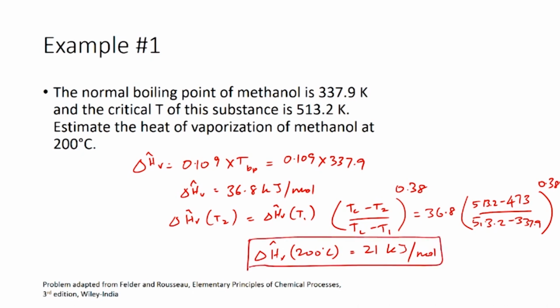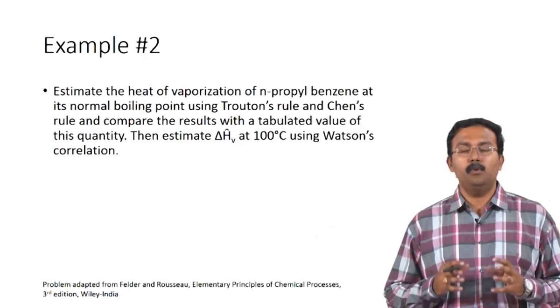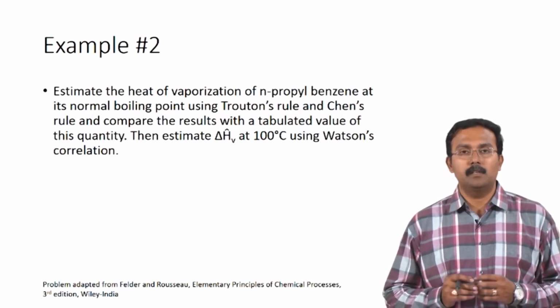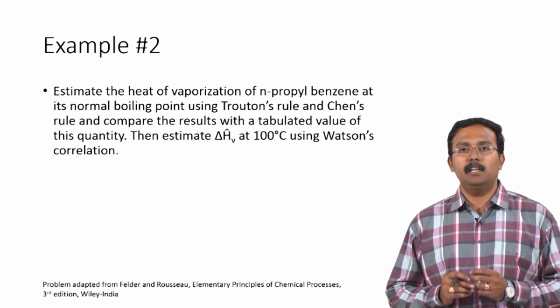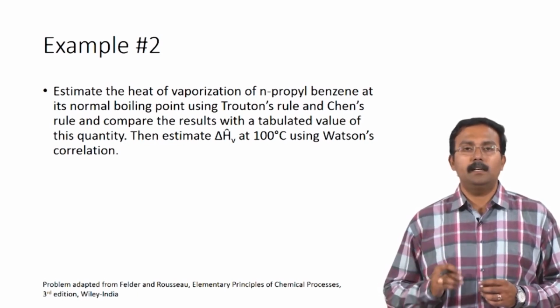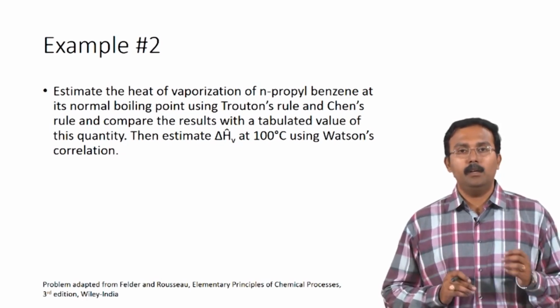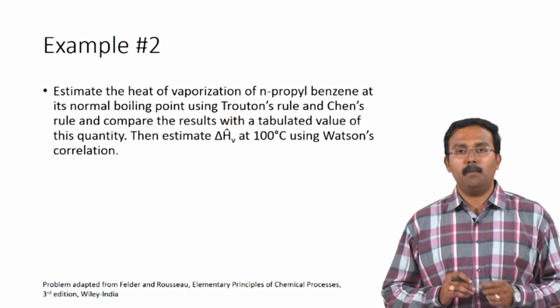Performing the calculations themselves is not too difficult here. What is crucial is to identify which equations to use and use them appropriately. We will look at another example problem to illustrate this. You are again asked to estimate the heat of vaporization for N-propyl benzene at its normal boiling point using Trouton's rule and Chen's rule, and compare the results with tabulated values.